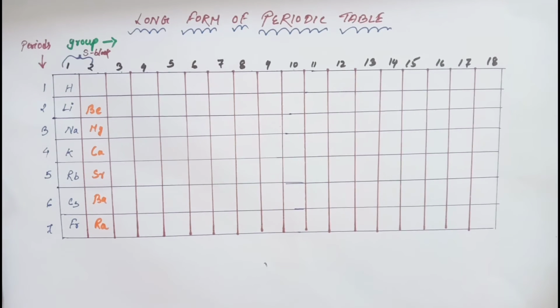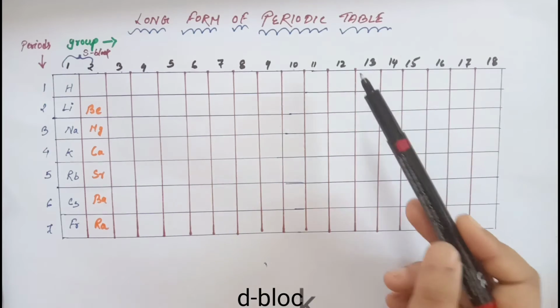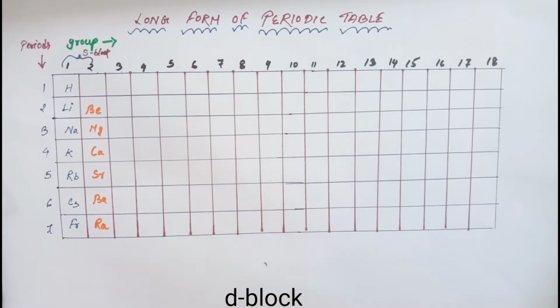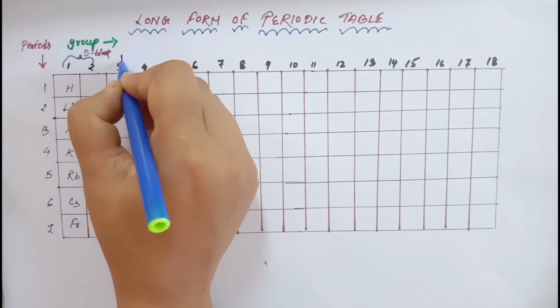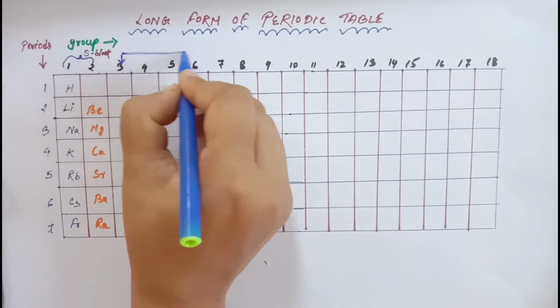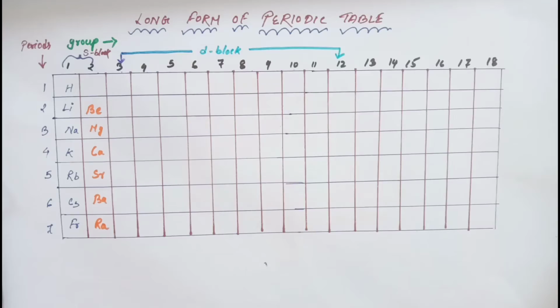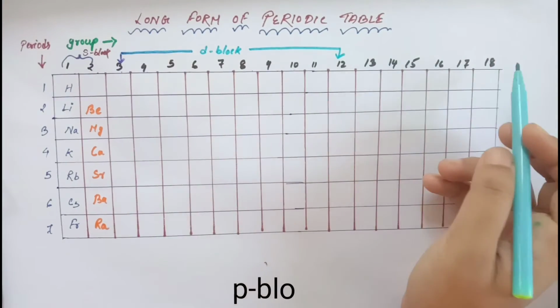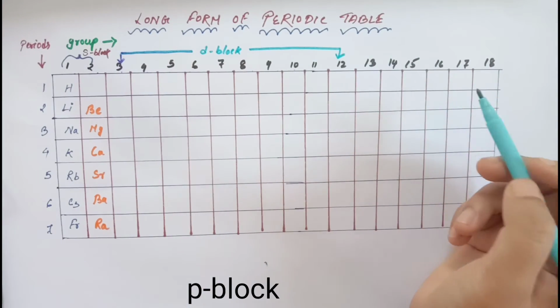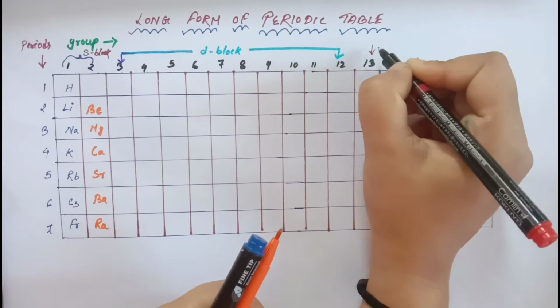The elements from group 3 to group 12 are known as D block elements. And the elements from group 13 to 18 are all known as P block elements.